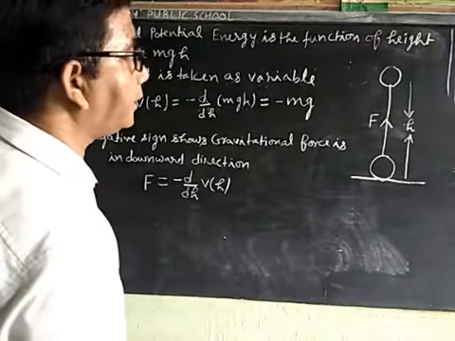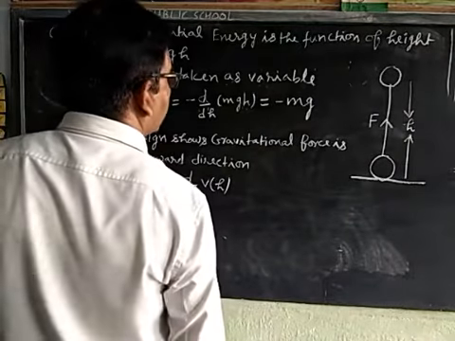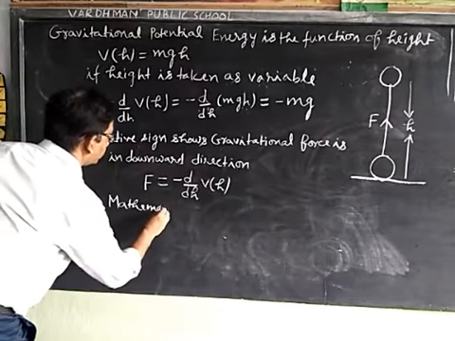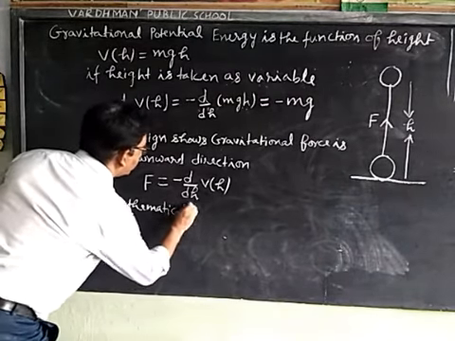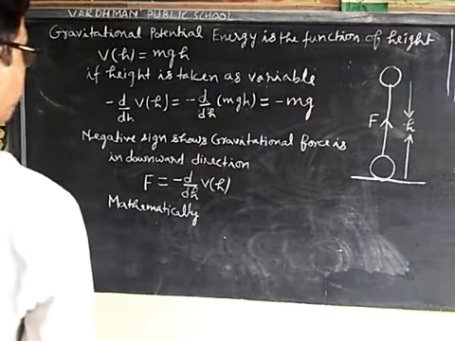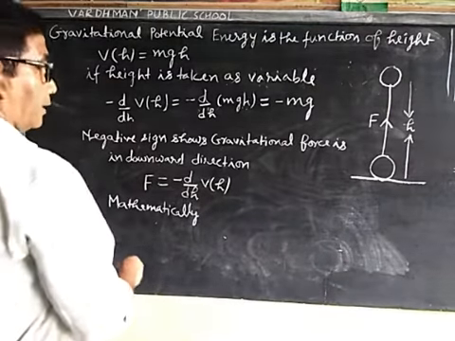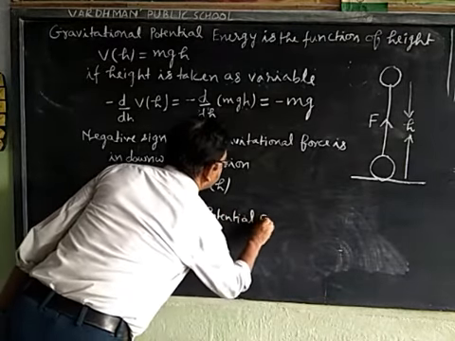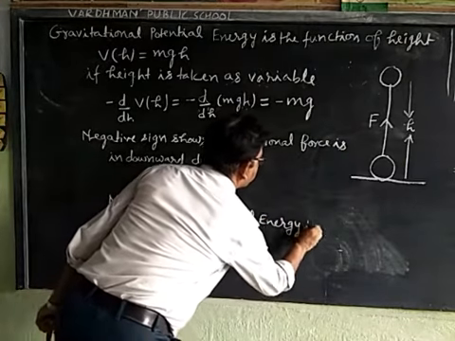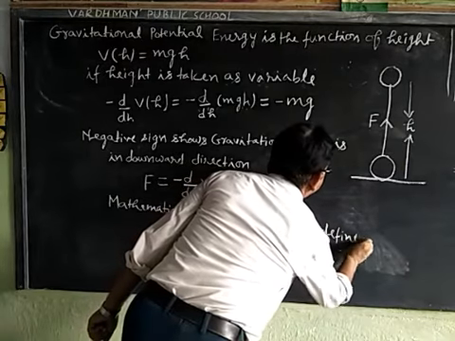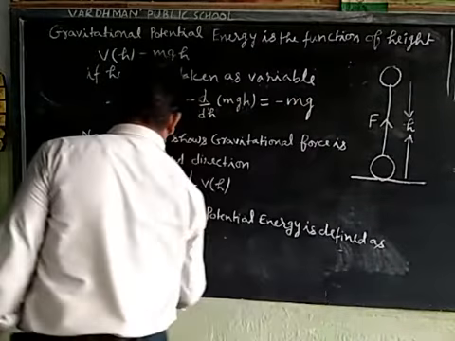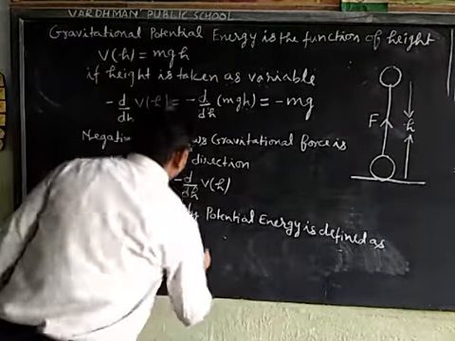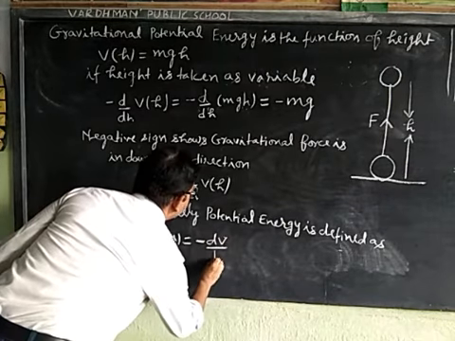Mathematically, potential energy is defined if the force Fx can be written as Fx is equal to minus dV upon dx.